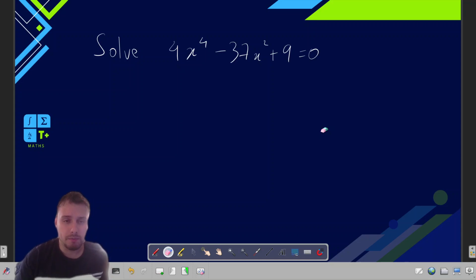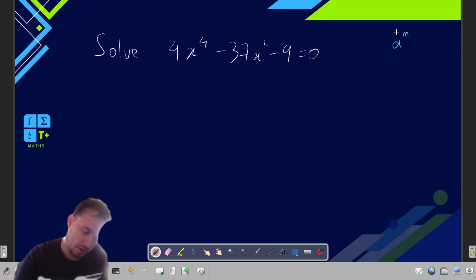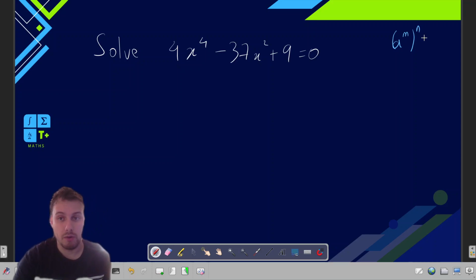Let's remember, for this particular case, we're going to take a look at the following rule. You should recall that if you have a number raised to a power, and that is raised to another power, what we usually call the power of a power, that is a to the power of m times n.